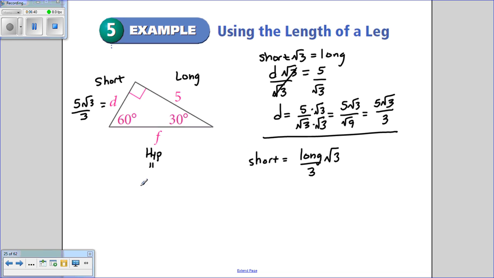Now the hypotenuse is the short leg times 2. So it's 2 times 5 radical 3 over 3, which gives me 10 radical 3 over 3. That's as difficult as it gets.